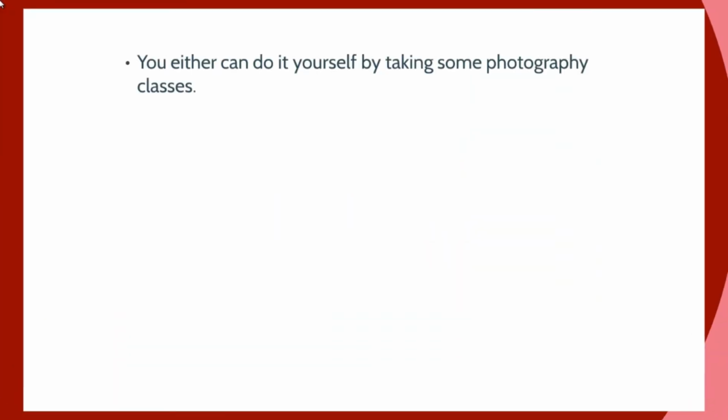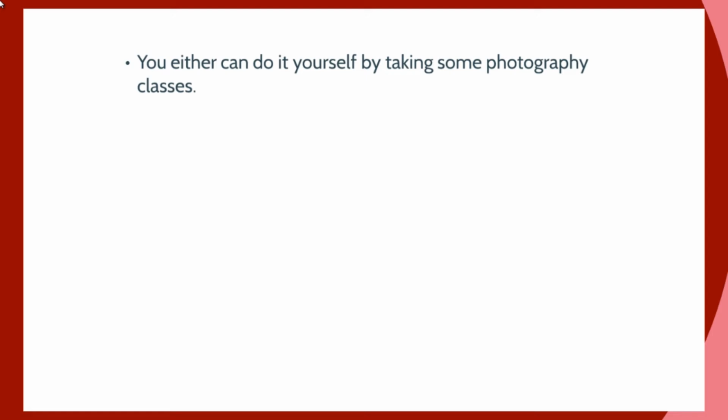Now, you can either do this yourself by taking a photography class. In fact, a lot of people that we have noticed that have done really well, they have said that they have gone to take photography classes, they have gotten a really good camera, and they've learned how to take different angles.